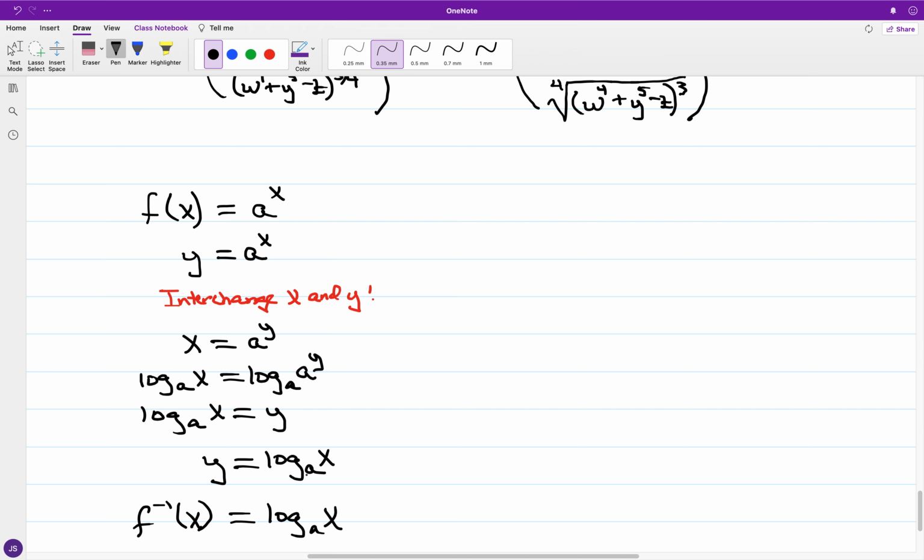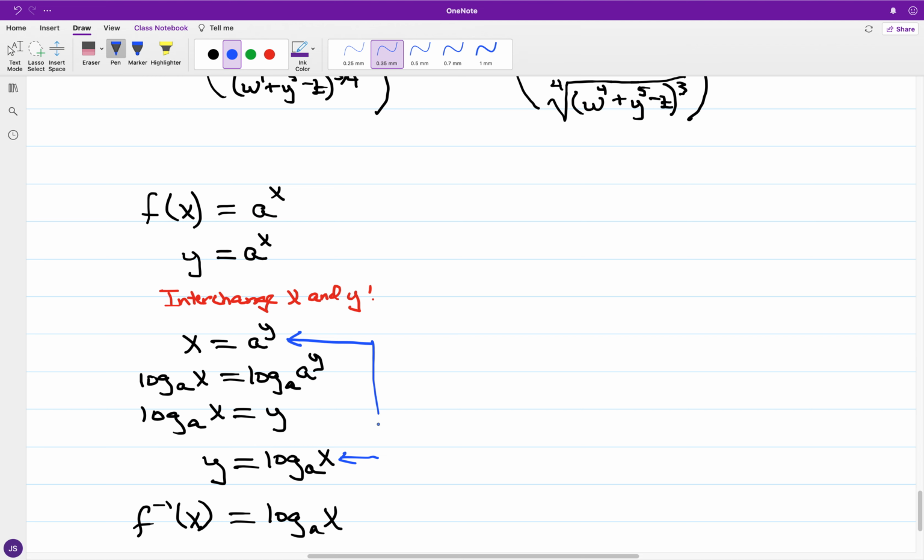Just like the in-between steps, after interchanging, I had x is equal to a to the y, and as I wrote this equation in terms of y, I have y is equal to the base a logarithm of x.